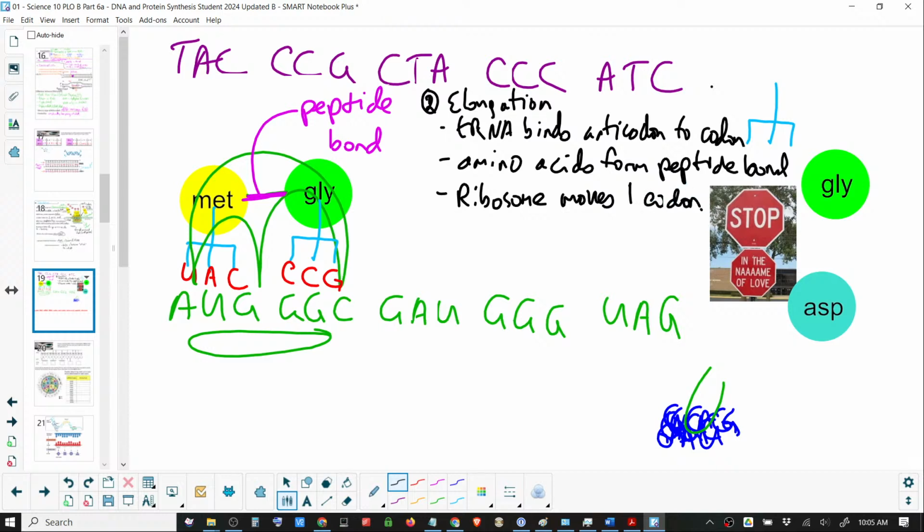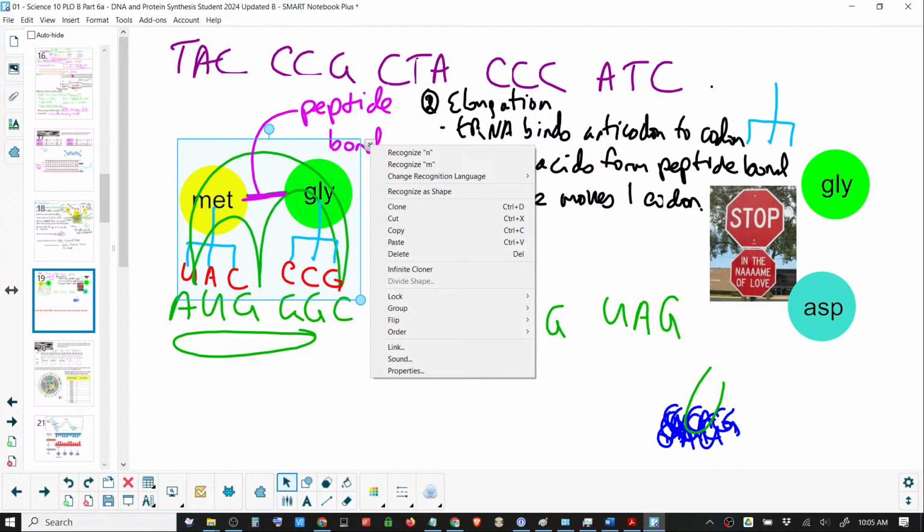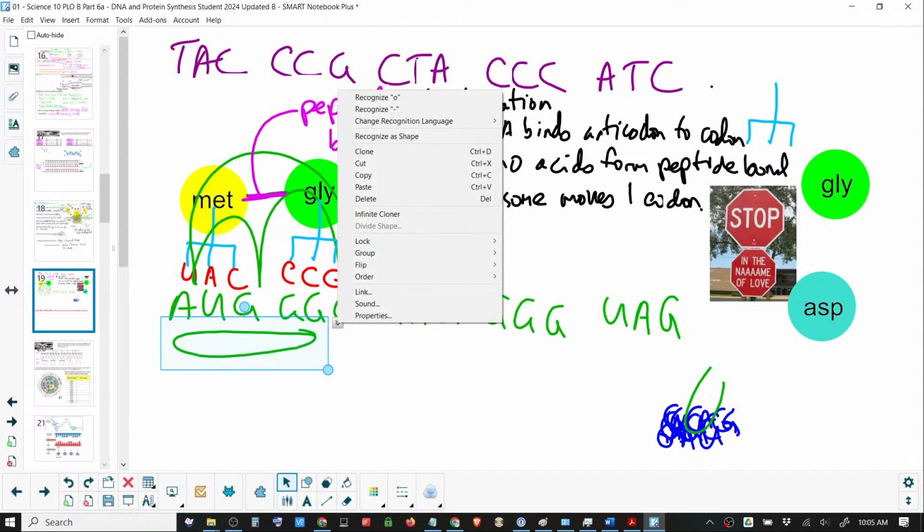So now, you're not going to believe this, but the whole thing goes. No, that whole thing was supposed to move. Why did the whole thing not move?